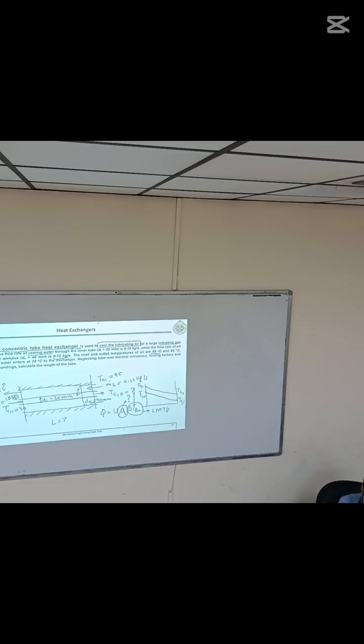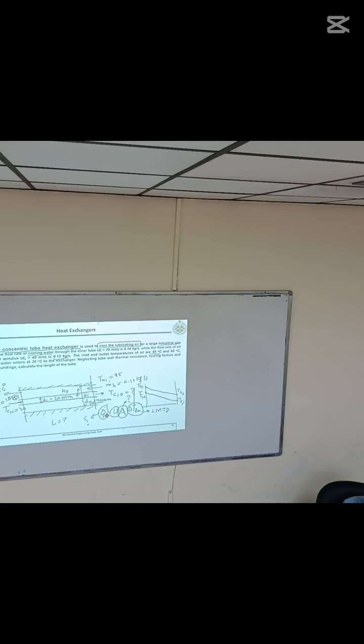Now Q dot must be given and U has to be calculated. In this equation there are some unknowns: in delta T ln, Tco is unknown. In area we want to find L, in U we need to find hi and ho, and wall resistance is negligible, so that is gone. What is Q dot? That is also unknown. So many unknowns in this one equation.